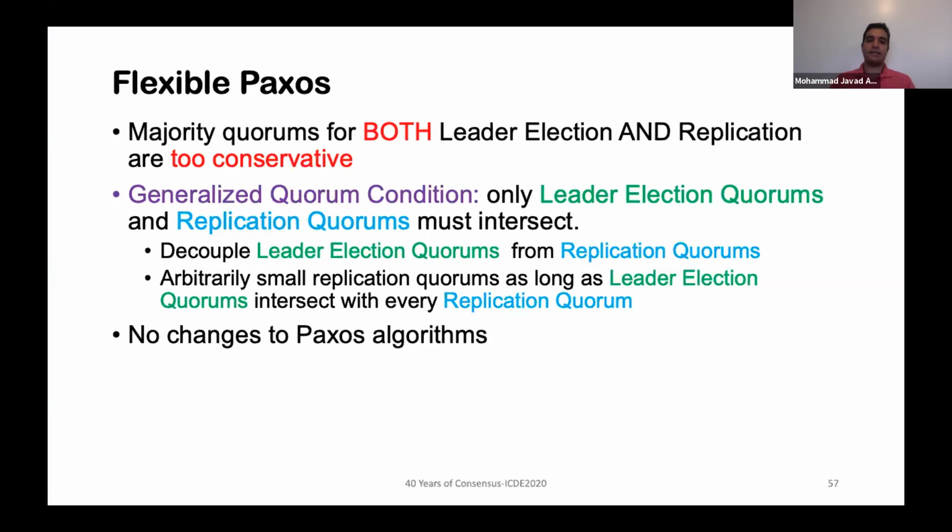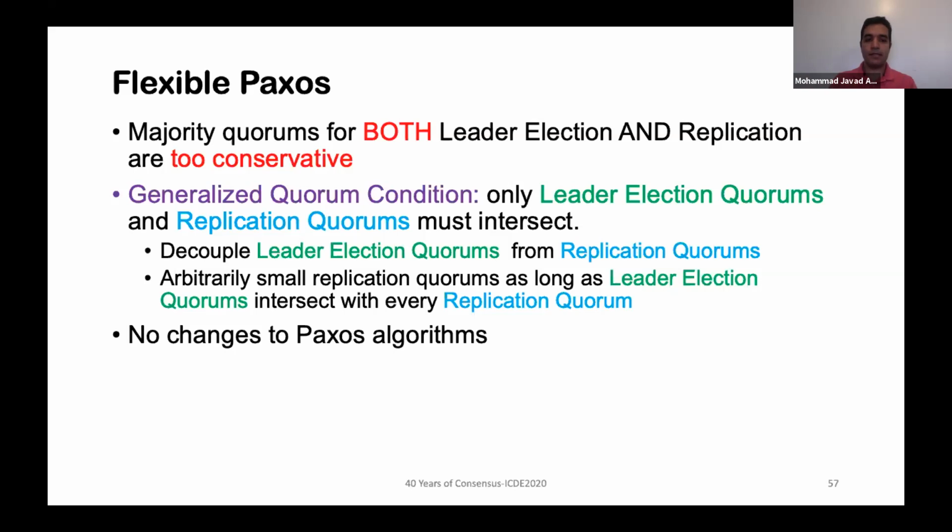However, it says having majority quorums for both leader election and replication are too conservative. So what we need is the leader election quorum and replication quorum must intersect. But there is no need for the replication quorums to intersect with each other.